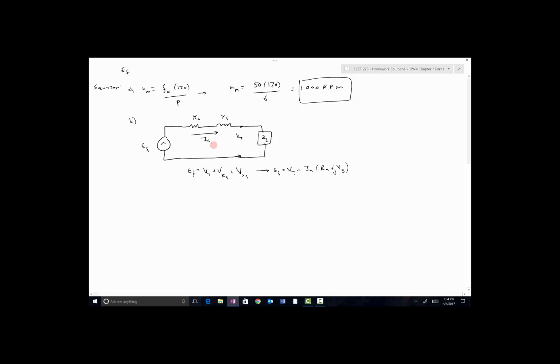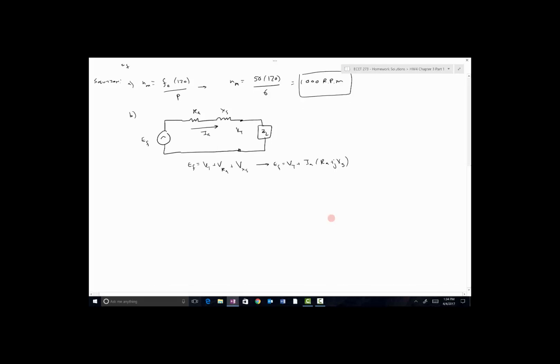So what we're looking at here is for a power factor of 1 at rated terminal voltage. What we need to do to solve this problem is we were given V sub T because we were told that the generator is supplying rated voltage. We know R sub A and jX as we're given in the problem statement. We don't know I sub A, so we have to determine what the rated current is from the rated voltage and rated power.